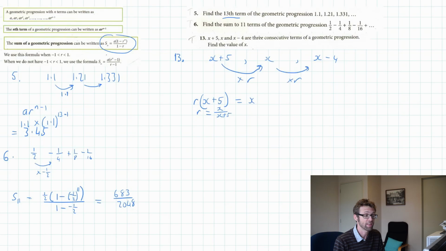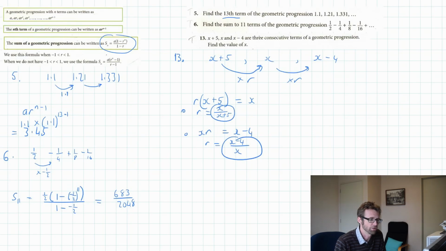And we can also say that x times r is equal to x minus 4. So therefore r in this case is equal to x minus 4 over x, which means that this and this are the same.